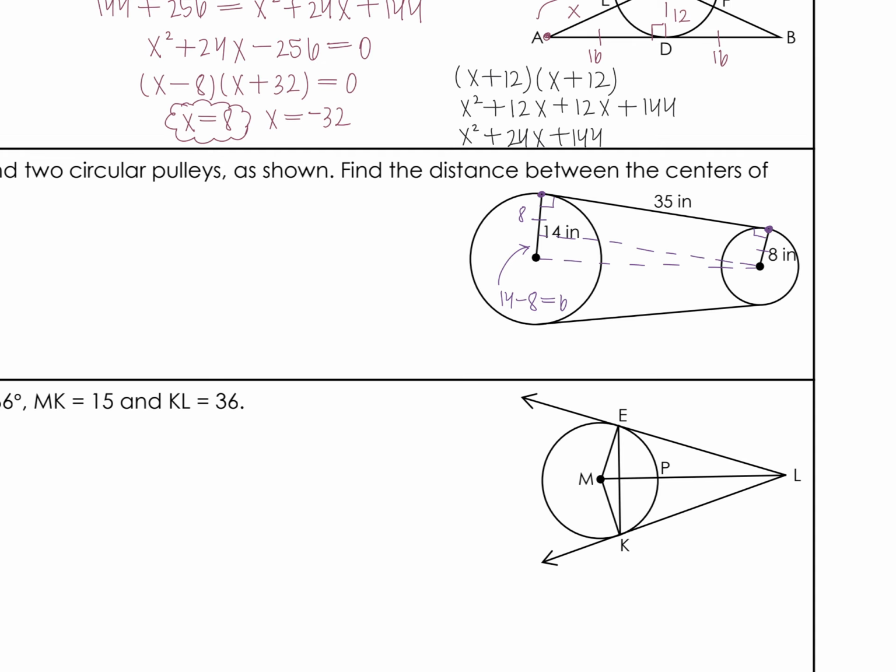Okay. And then just talking about a little bit more about our drawing here, when this is a rectangle, remember these 2 lines are going to be parallel. And so I can use our corresponding angles to say that this here is going to be a right angle, which will allow me to use Pythagorean theorem to find the length from center to center.